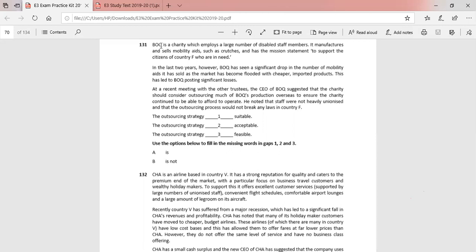The outsourcing strategy: there are missing words in gaps 1, 2, and 3, given as A is, B is not. The outsourcing strategy dash suitable, the outsourcing strategy dash acceptable, the outsourcing strategy dash feasible. So whether it is suitable, not suitable, acceptable, not acceptable, feasible, not feasible. That is what you have to write here for 131.